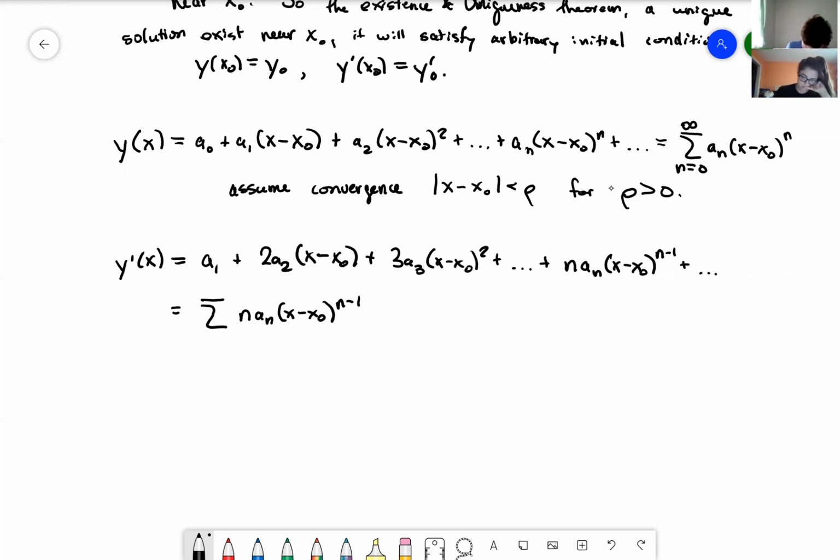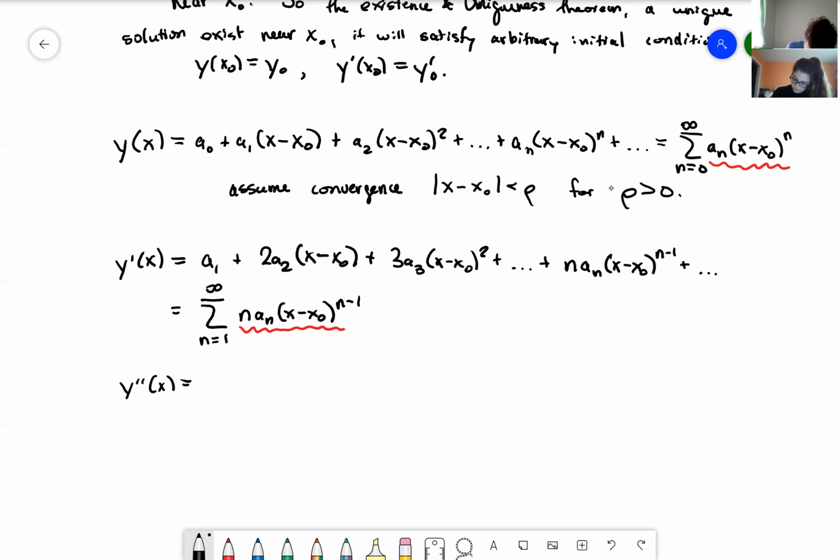Notice that the general term is just the derivative of the general term for the original series. But now, because the first term was a constant, we're not going to start from 0, we're going to start from 1.